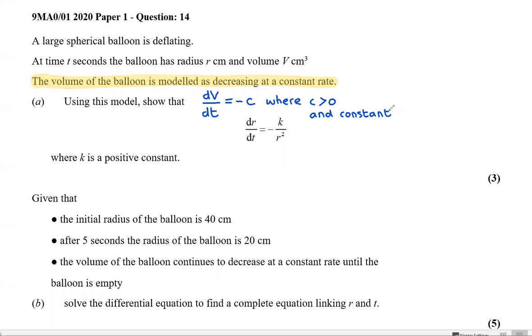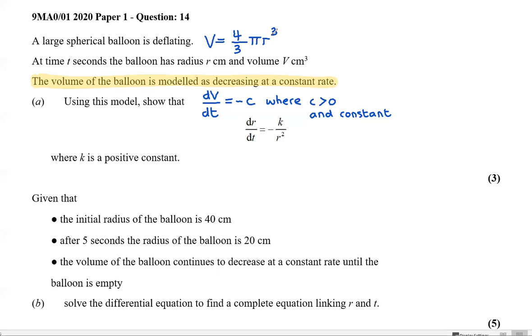The rest of that first two sentences is just talking about the shape. So we can say that the volume of a sphere is 4/3 pi r cubed. And we've defined the units in which the r and the v and the t are measured.